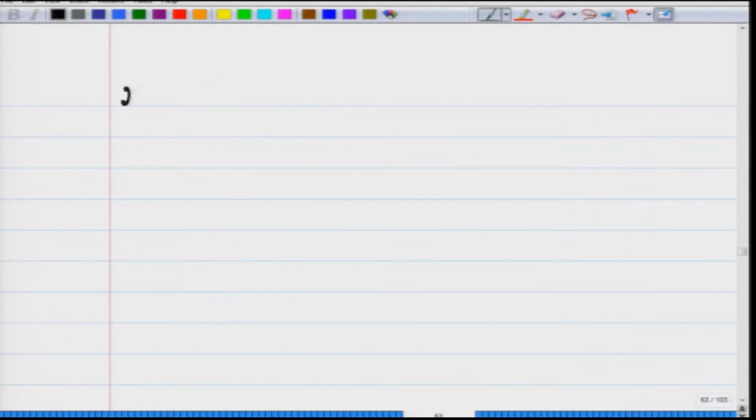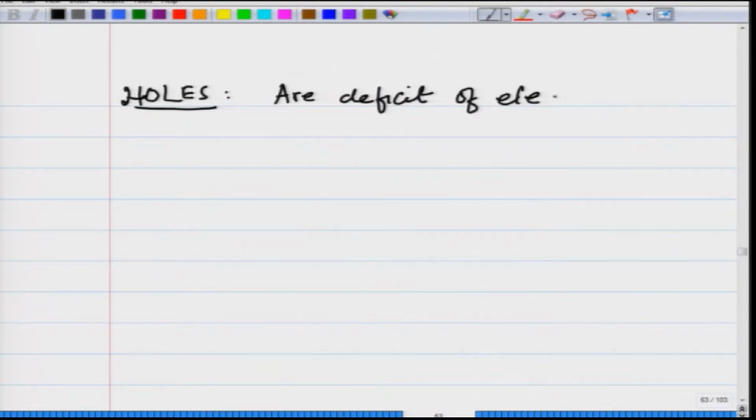So, here it is: holes are deficit of electrons in a band.